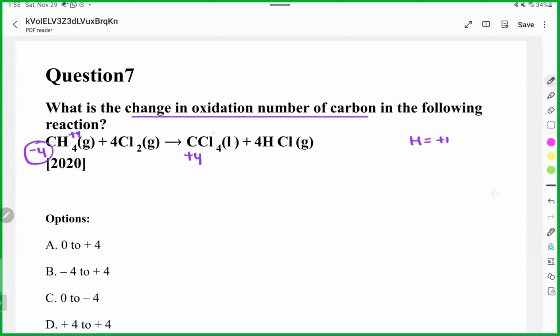One chlorine has -1, so 4 chlorines will have -4, so it should be plus. For CH4, to calculate carbon, we have 4 hydrogens each with one charge, total charge is equal to 0. Second situation: carbon X, you have 4 chlorines, every chlorine has -1 charge, total 0.